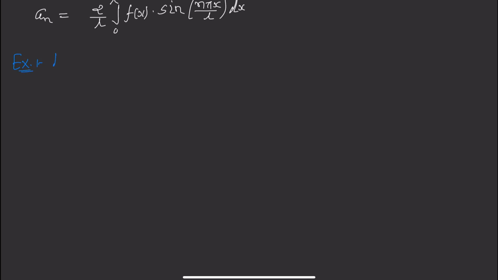The exercise is find Fourier sine series for f of x is equal to, let us take, m into x when 0 less than x less than pi by 2, and m into x minus pi when pi by 2 less than x less than pi.